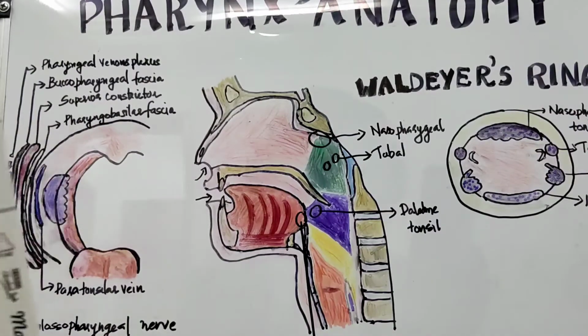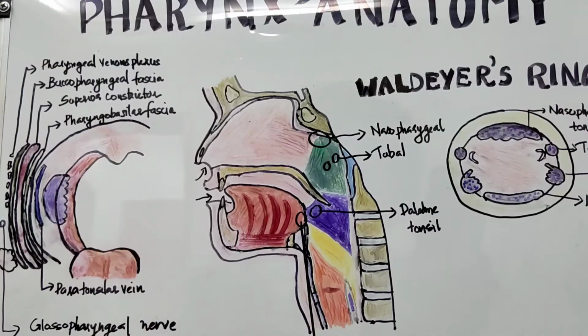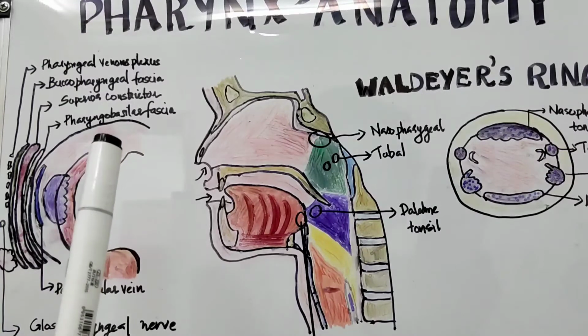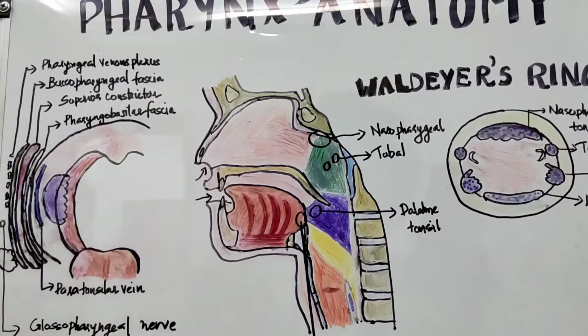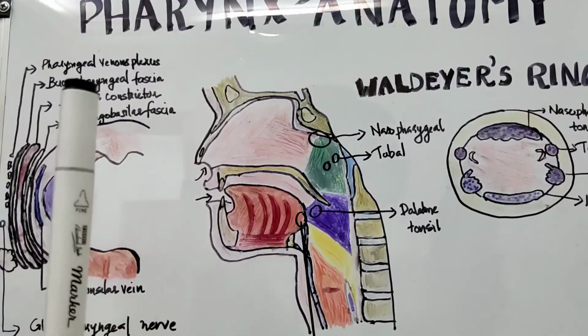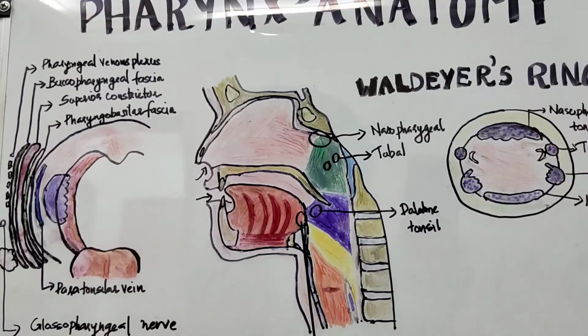Other sources are the ascending palatine branch of the facial artery, the dorsolingual branch of the lingual artery, the ascending pharyngeal branch of the external carotid artery, and the greater palatine branch of the maxillary artery. Venous drainage is into the palatine, pharyngeal, and facial veins. The nerve supply is from the glossopharyngeal nerve and also the lesser palatine nerve.